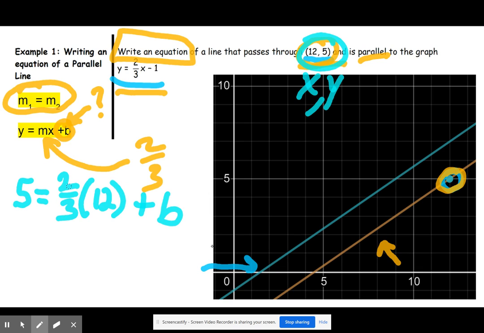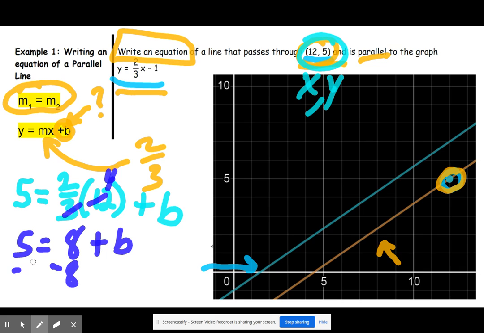I can see that 2/3 of 12, you can use your calculator for that, I'll use some old math, is 8. So I got 5 equals 8 plus b. Then we subtract 8 from both sides. You're left with negative 3 equals b.